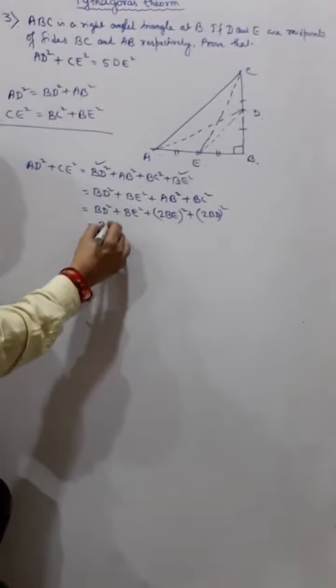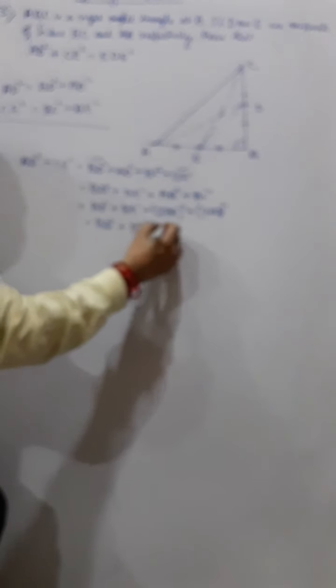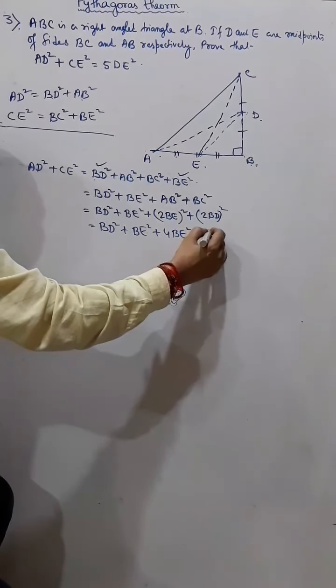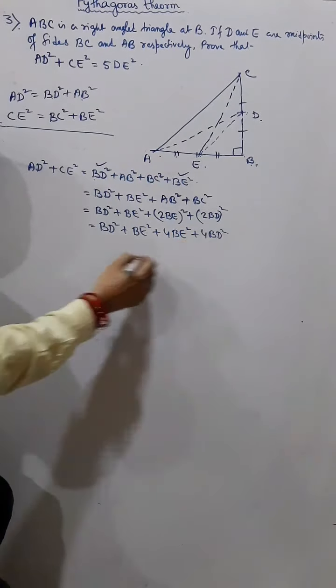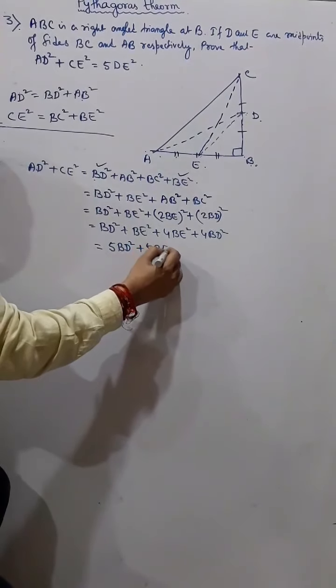You see what we are getting? BD square plus BE square plus 4BE square plus 4BD square. 4BD square plus BD square gives 5BD square, and then 5BE square.